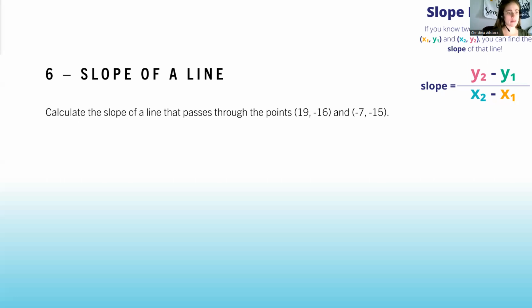And when you're given 2 points, as we have here, and we want to find that slope, we want to find that rate at which the line is either increasing or decreasing, there's 2 main ways of doing this. One is to use the slope formula, and that's pictured here in the upper right-hand corner. Or you can put it into a table of values. Honestly, it's personal preference.